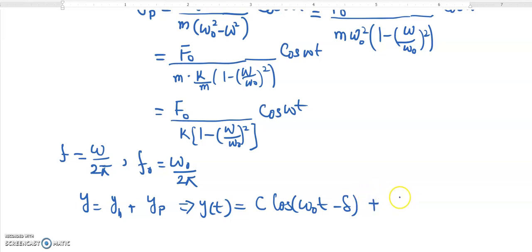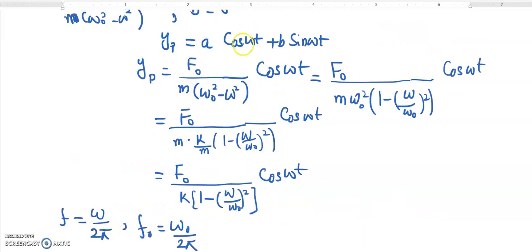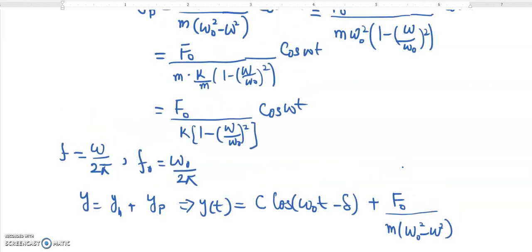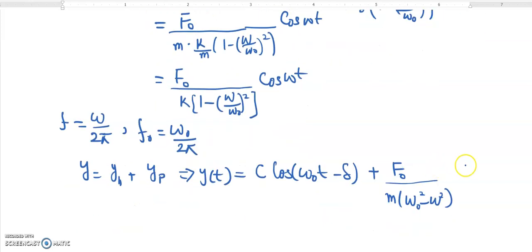And the particular solution that we just wrote down over here is f naught, and we can use either of these two equations, or even this equation as well: f naught over m times omega naught squared minus omega squared, in this case cosine of omega t.